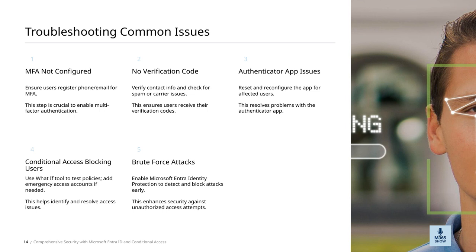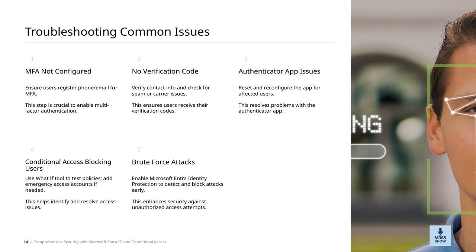First, enabling Microsoft Entra Identity Protection is essential. This tool helps us detect and block attacks early, significantly enhancing our security against unauthorized access attempts. When dealing with brute force attacks, it's useful to leverage the What-If tool to test our policies. Adding emergency access accounts can also be a good safety net if needed.